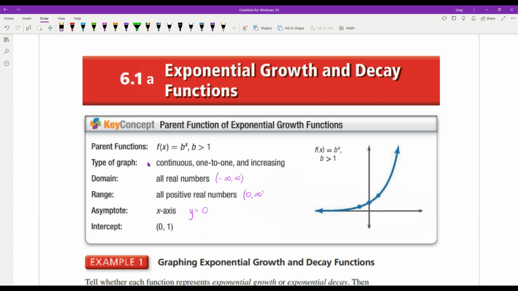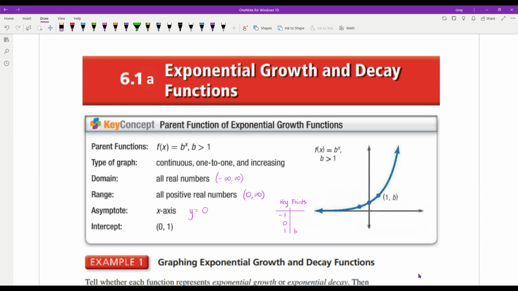Now, as you know, I'm always about key points so that we know how to easily graph these functions. And our key points are going to be negative 1, 0, and 1. If x is 1, then of course y is b, and that gives us the point 1 comma b.